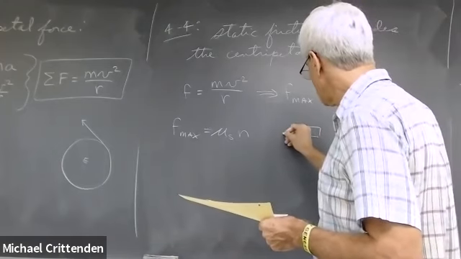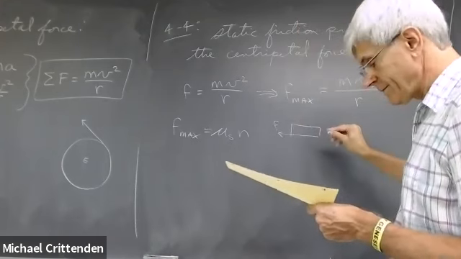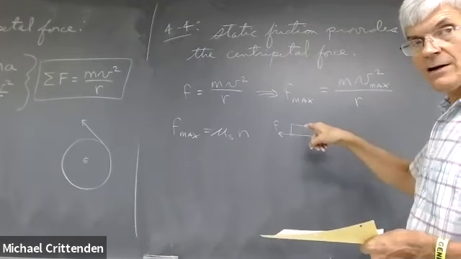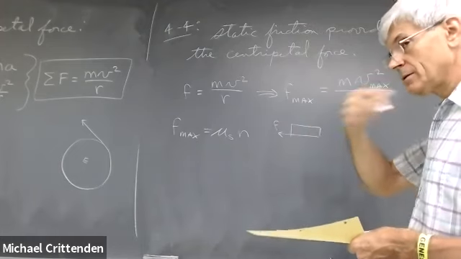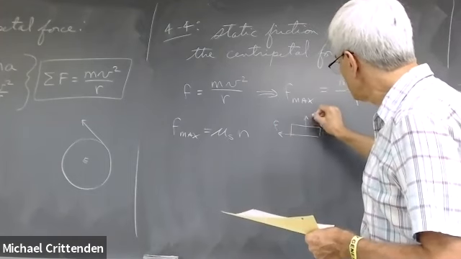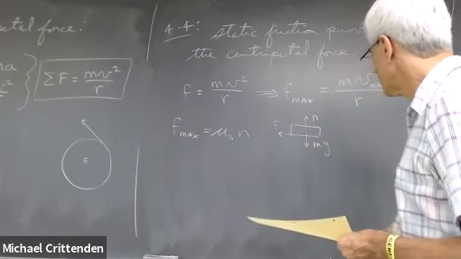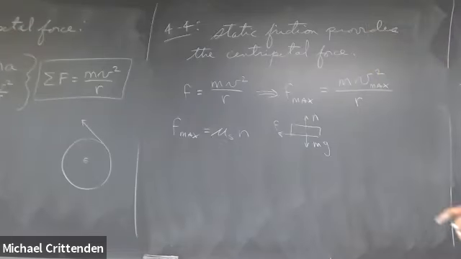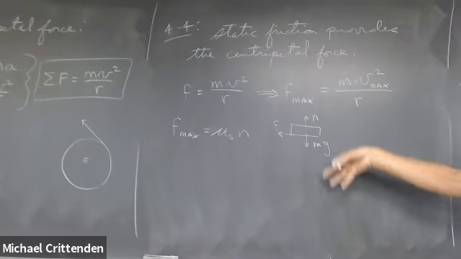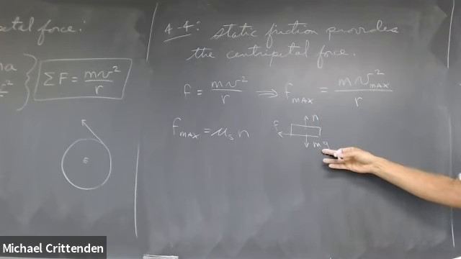Here's the car. Friction force pointing toward the center of the curve. This would be like looking at the car from behind. You're in the next car behind this one, looking at it. You've got the normal force pushing up. So sum of the forces in the y direction is equal to 0, therefore N has to equal mg.